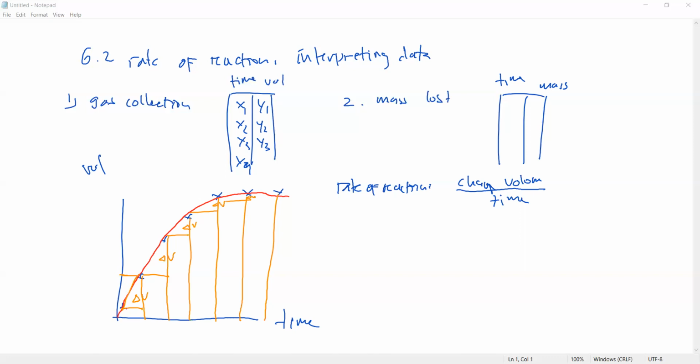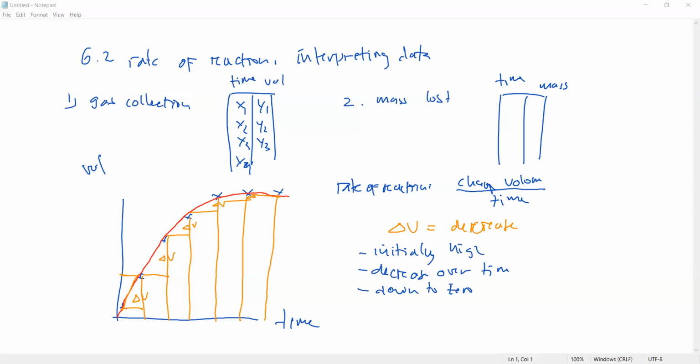As you can see here, if you take equal time intervals, the change of volume is going to decrease over time. Initially, it's kind of high, but over time, it's going to go down, and in the end, it's going to be totally 0.